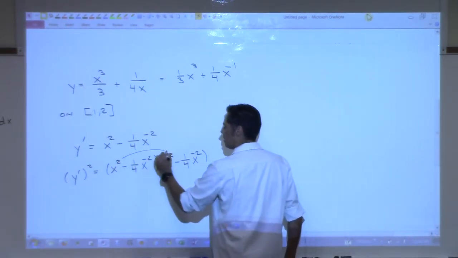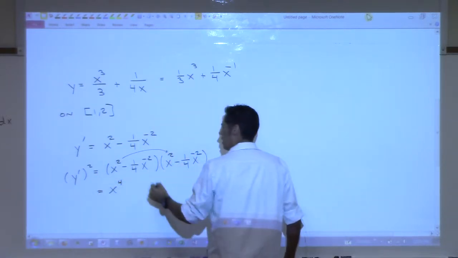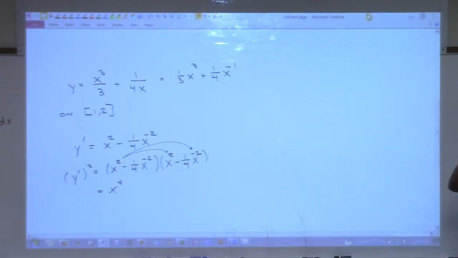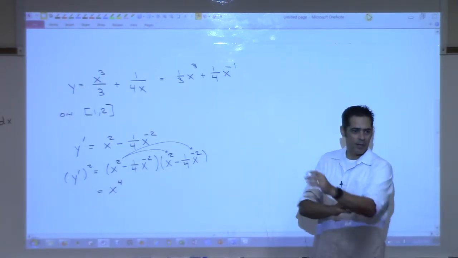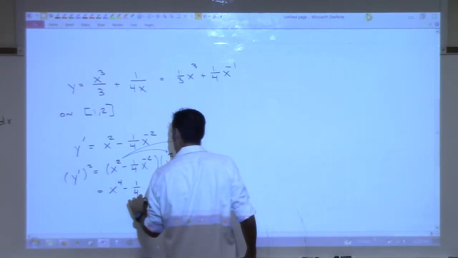X squared times x squared is x to the 4th. And then what about this one right here? What's x squared times negative 1/4 x to the negative 2? Just minus 1/4. That's it, because the x's cancel each other out. You're adding the exponents. What about the next one, the inside one?